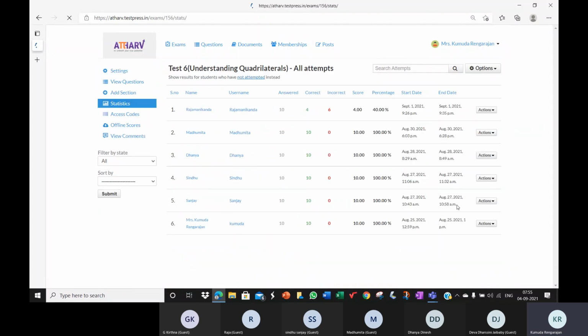Sindhu and Sanjay, they always promptly take the test. If they're late, they inform me. Danya and Madhumita also always take up the test. Raja has completed it. What about the others? Tomorrow by 4 o'clock, finish the exams, all of you.